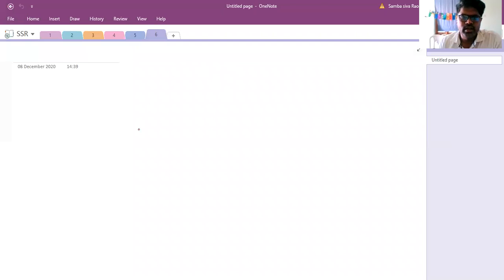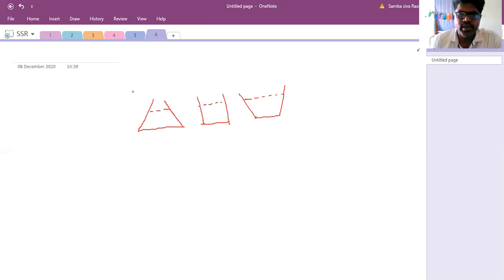Suppose one container like this, another container like this, another container like this. Same level you can fill the water. I think time is less than 1 minute, so this example I'll discuss tomorrow. So this is about variation of the pressure with depth.